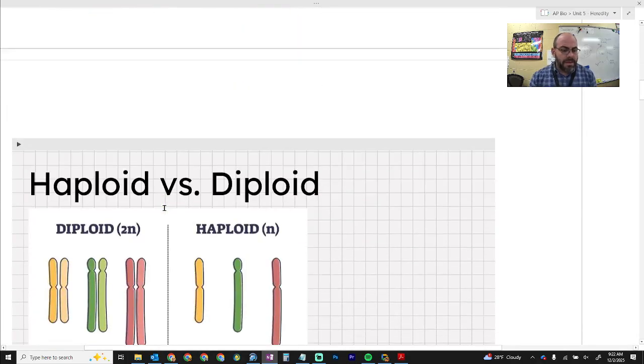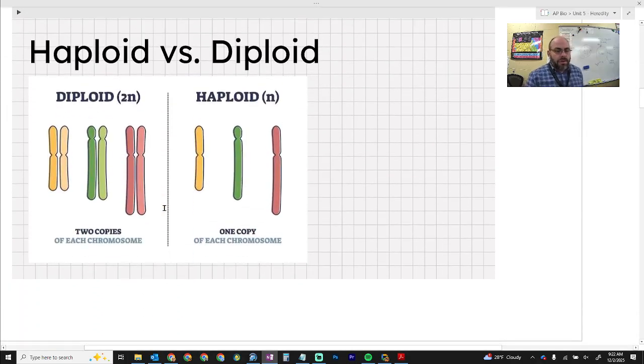Let's talk about some terms that we need to know here. One of those is haploid versus diploid. Humans are diploid organisms because all of our chromosomes exist in a pair. We have 23 pairs of chromosomes.